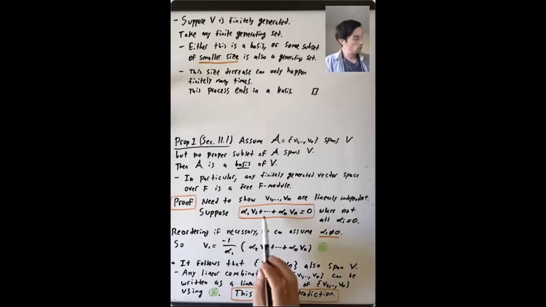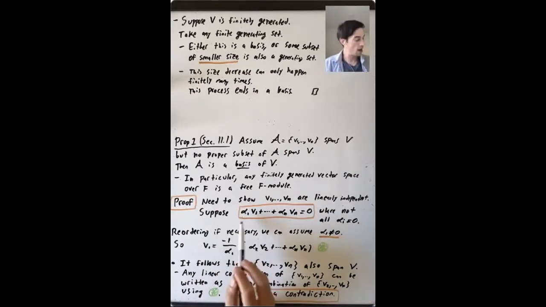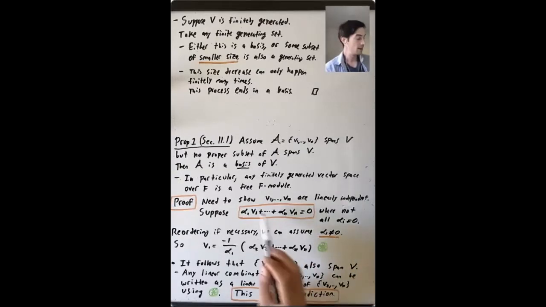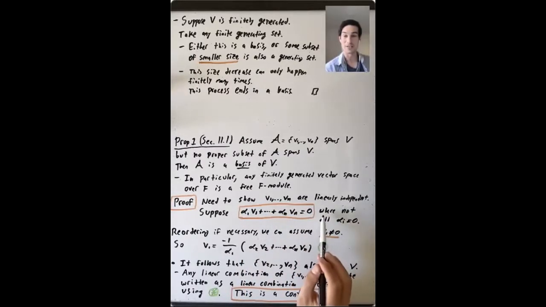OK, so one of these alpha i's is not 0. If we rename the vectors, if we reorder them in some way, we can suppose that alpha 1 is not 0. That renaming, reordering idea is going to come up more in this lecture. So if alpha 1 is not 0, we can divide by alpha 1 and move everything else over to the other side.